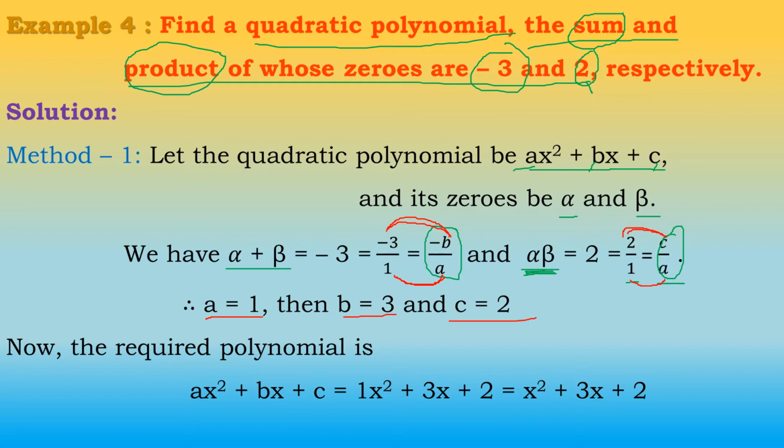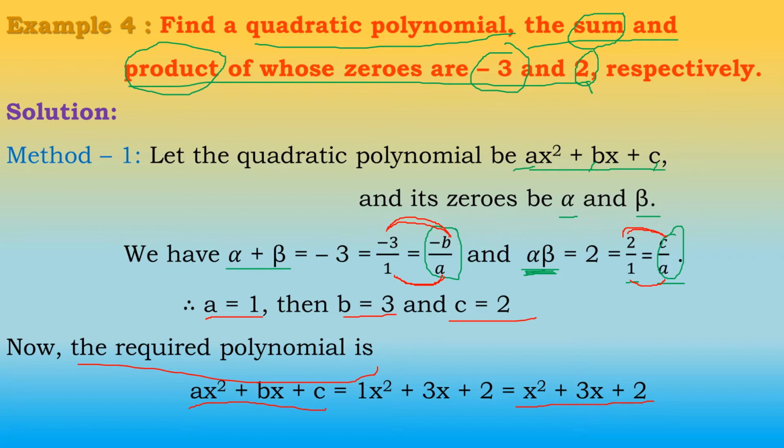Therefore, what is our required polynomial? ax square plus bx plus c. By taking the value of a is equal to 1, we have 1 into x square. Taking the value of b is equal to 3, 3 into x. Taking the constant 2. Finally, I have a quadratic polynomial x square plus 3x plus 2.